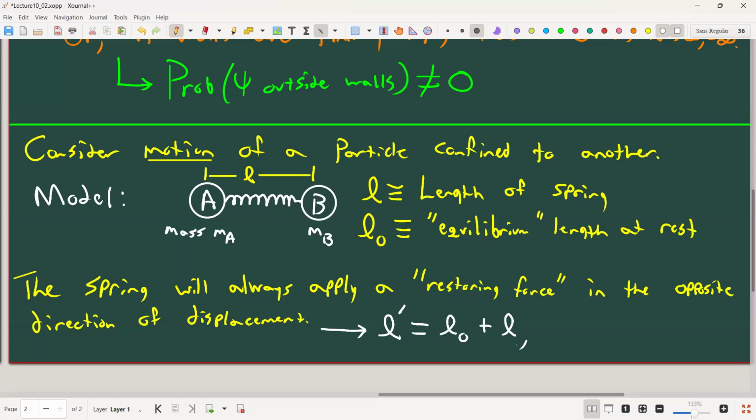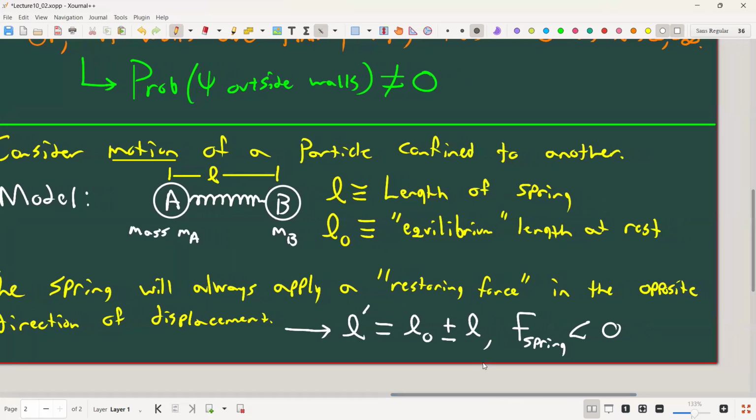This restoring force, the force that the spring applies, we can say is negative. Negative force means you want to come back together. Positive force, you want to spread it. And vice versa. I can write plus or minus, and it's less than 0 if plus and greater than 0 if minus.